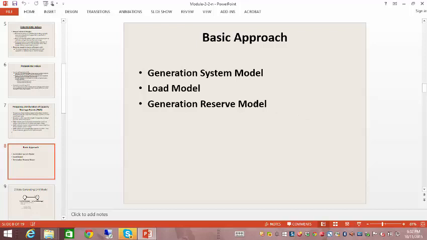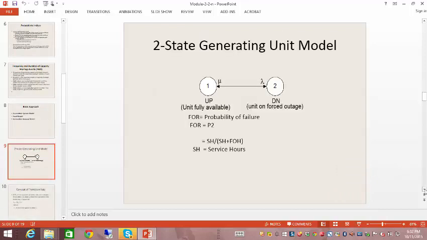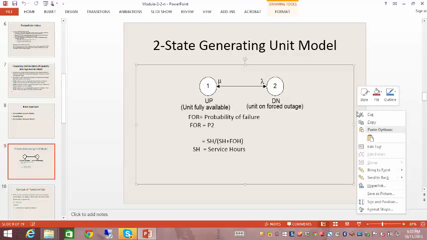And the generation reserve model is the one which will give you all these indices. Now, to develop the generation system model, we will need the models for each generating unit.